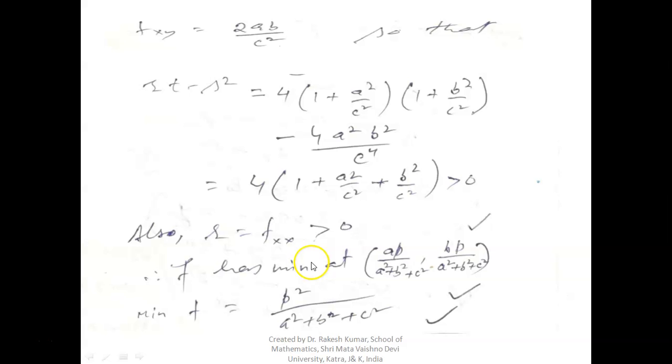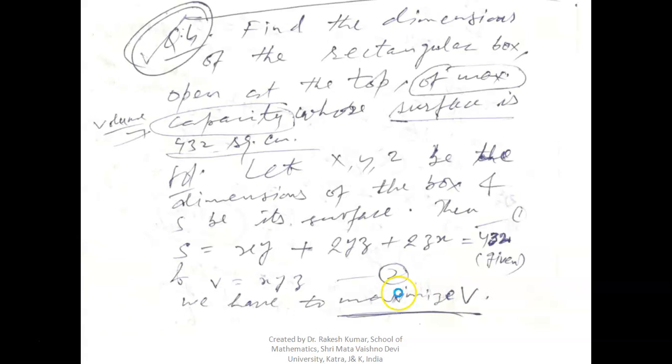And r is fxx at this point, and if you see previously, this r will be this, and it is again positive, and therefore this has minimum value at these critical points. Therefore the minimum value of f is this one. If you substitute these points in the given equation of the curve, you will get this.